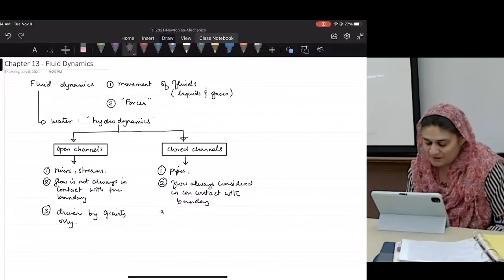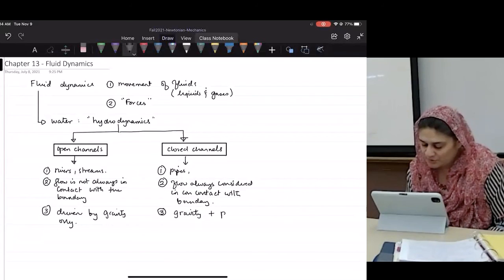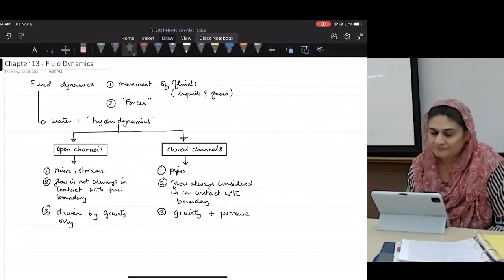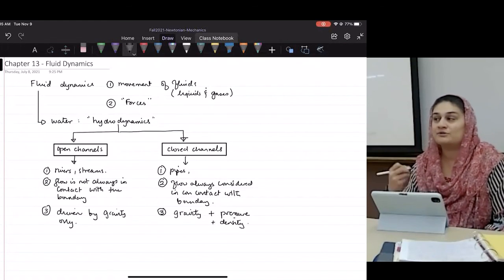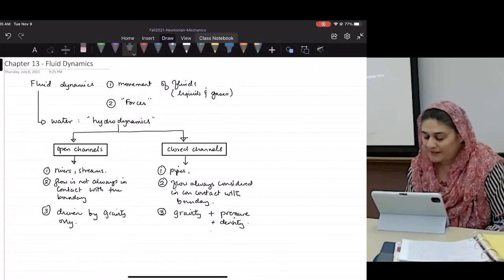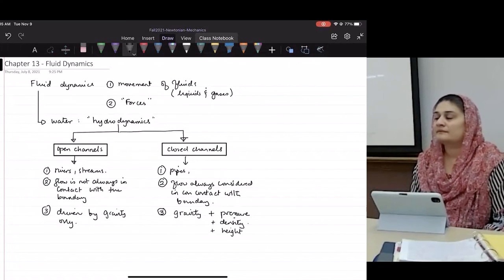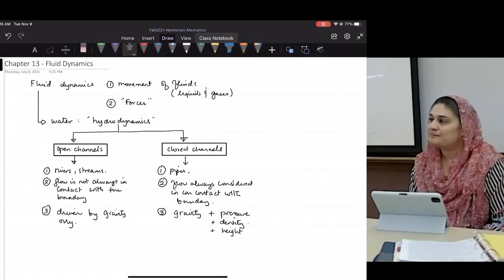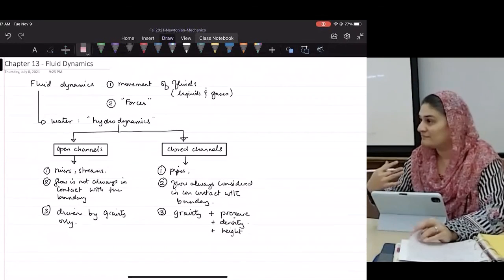Whereas closed channels are not only driven by gravity, but also pressure, which includes maybe the density of the fluid you're trying to move. And it also could include the height. So think of water pipes. You can only raise them a certain height, right?